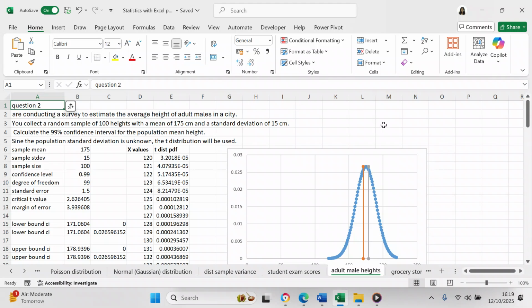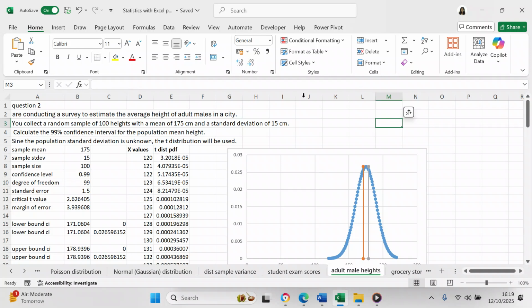You collect a random sample of 100 heights with a mean of 175 centimeters and a standard deviation of 15 centimeters. You calculate a 99% confidence interval for the population mean height.